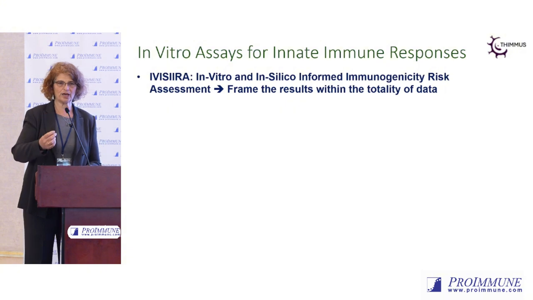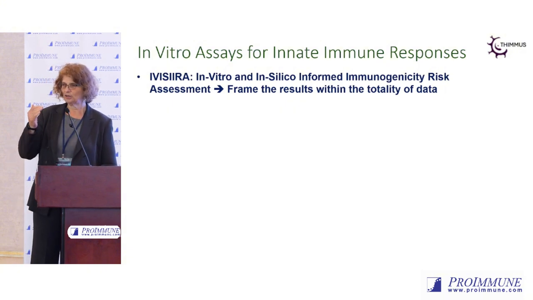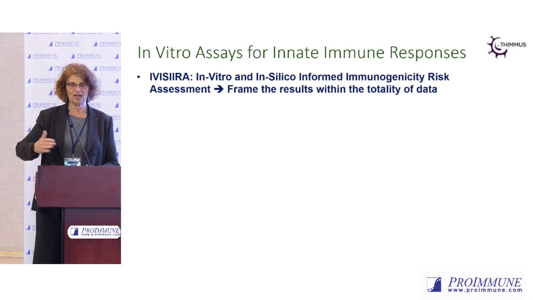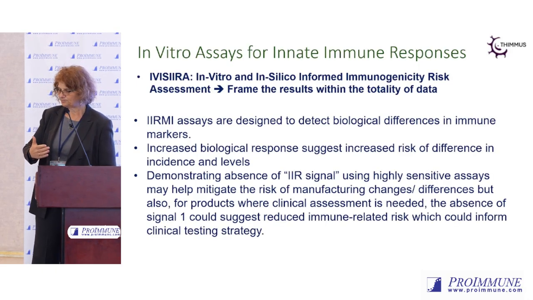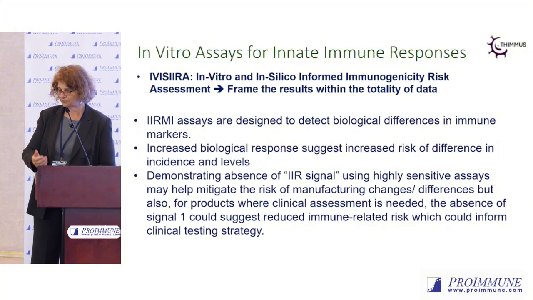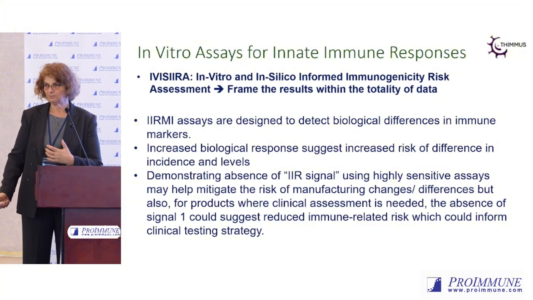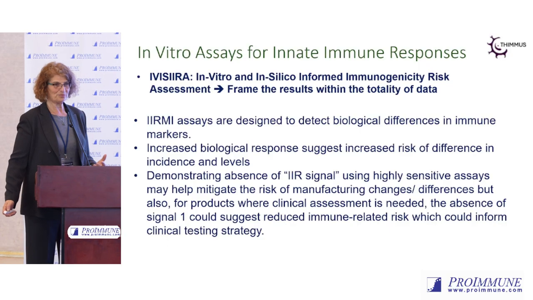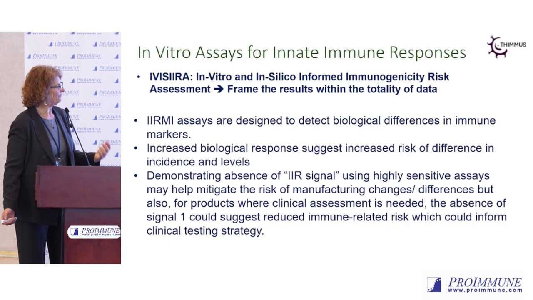I don't think that trying to get a little number that says this is above or below a certain immunogenicity is going to be so helpful. If we look at all of the assays together, and integrate all the information with the clinical and all the other information that surrounds it, then we can get a fairly good assessment of risk.